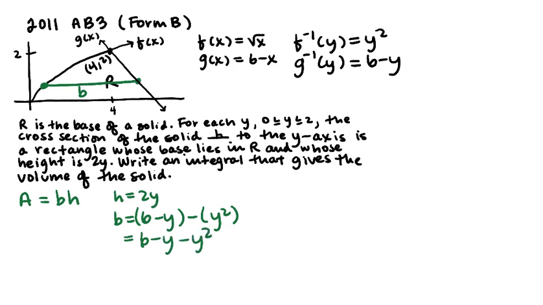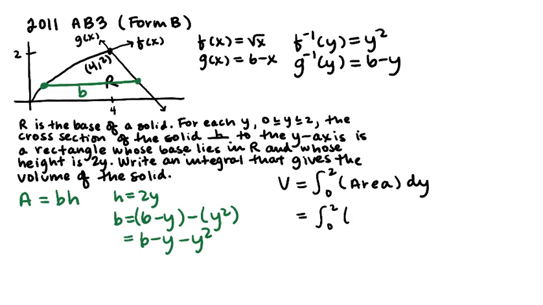Now the volume is going to be the integral of area. And y is going to run from 0 to 2, it looks like. Now I'm going to plug in for area. Area is base times height.